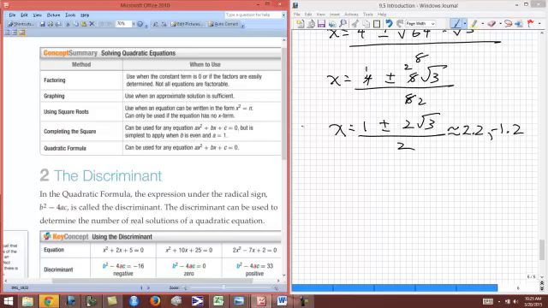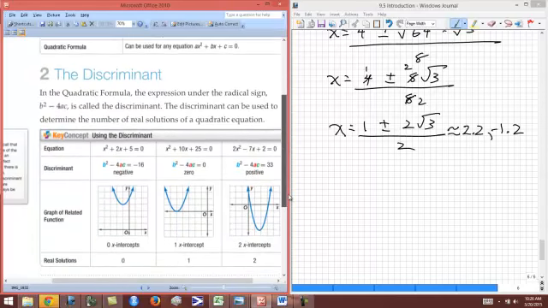You use square roots when there's no middle term, or as they say here, the equation has no x term. Completing the square is very handy, but it can be a little clumsy if a is not equal to 1 and b is not an even number. But still, strongly recommended. In a lot of ways, it's much simpler than using the quadratic formula. The quadratic formula always works.